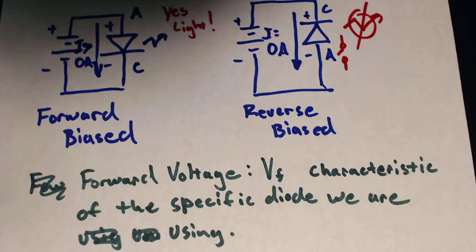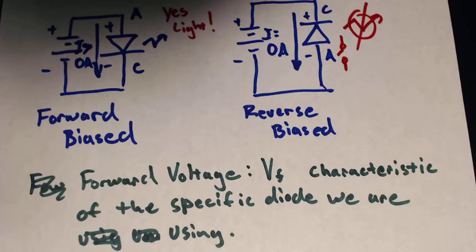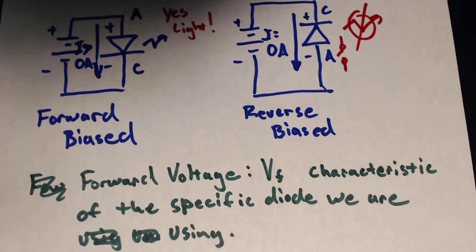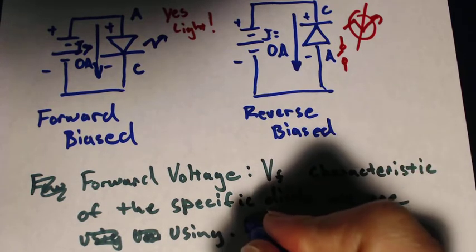Okay. As I mentioned, we have this forward voltage, this characteristic of the specific diode we're using. So you go out and you purchase a diode, you use it, and now you're going to be curious what that forward voltage is. Like I said, it's a number specific to the diode you are using. So you would actually find this value inside of the data sheet.